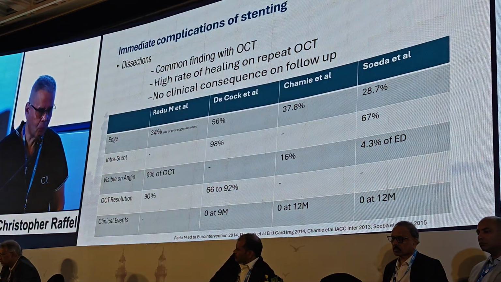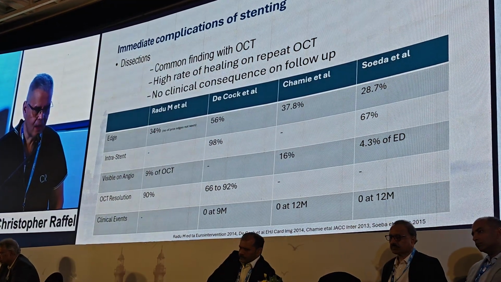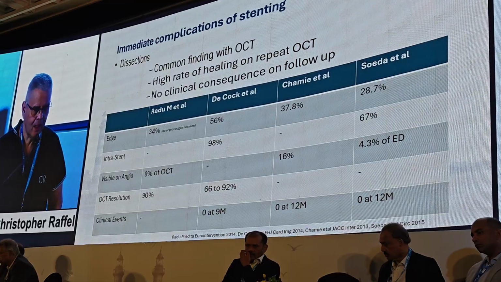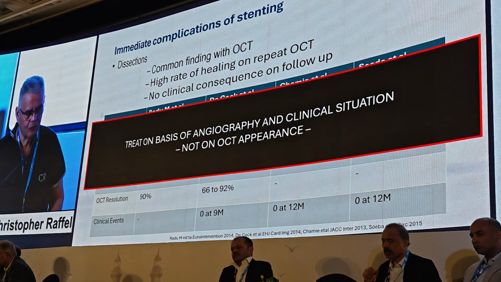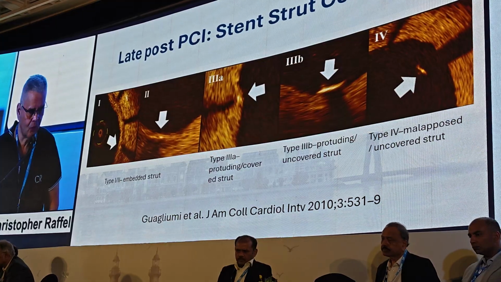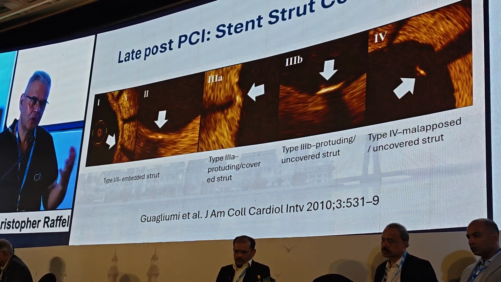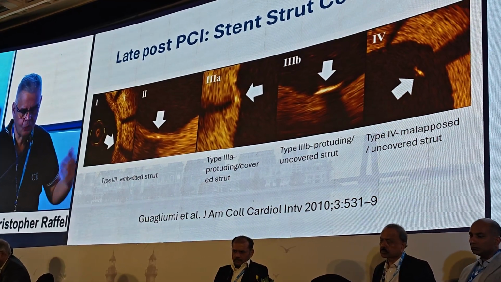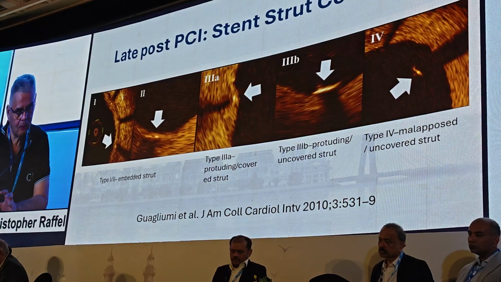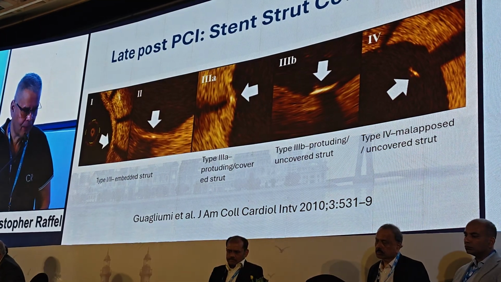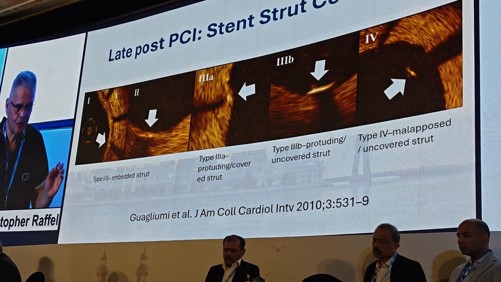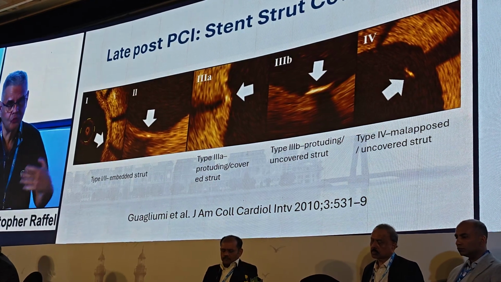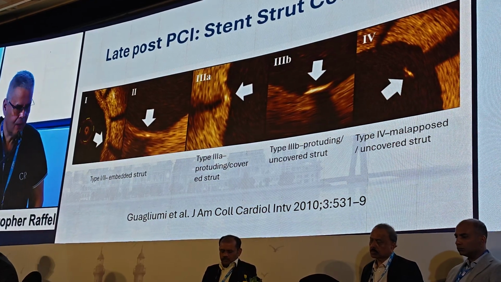So the bottom line with all of these is that you see it not uncommonly. They often don't have any clinical consequence, and you mostly will treat on the basis of angiography, not on the OCT appearance. I'm not going to talk too much about stenting because we've got most talks relating in particular to that. But with the resolution, you can look at stent strut coverage if you're following someone up post a stent.